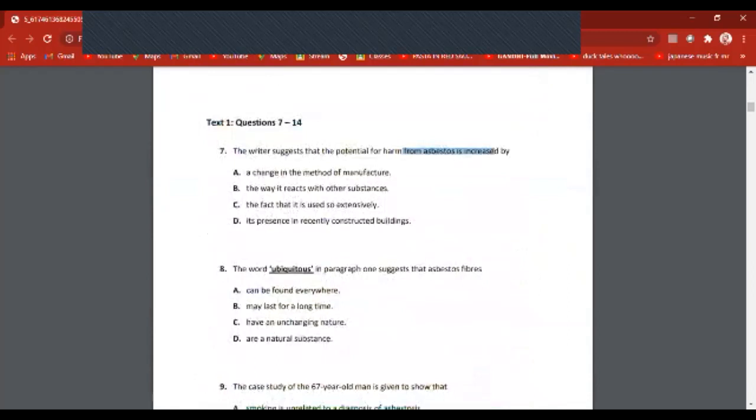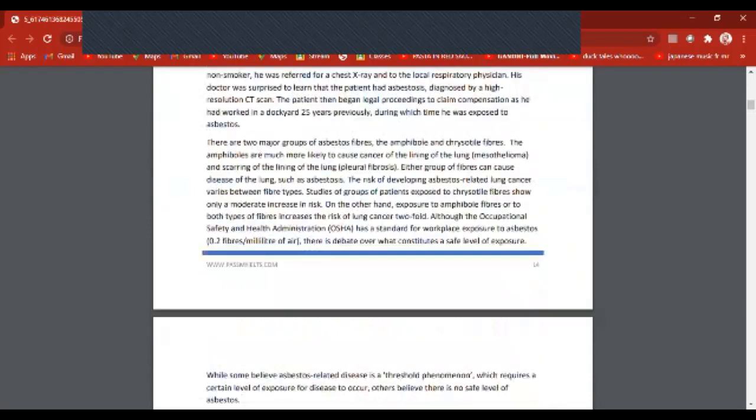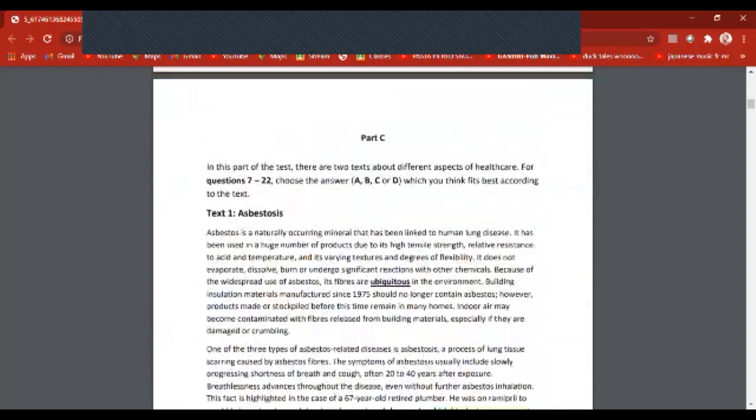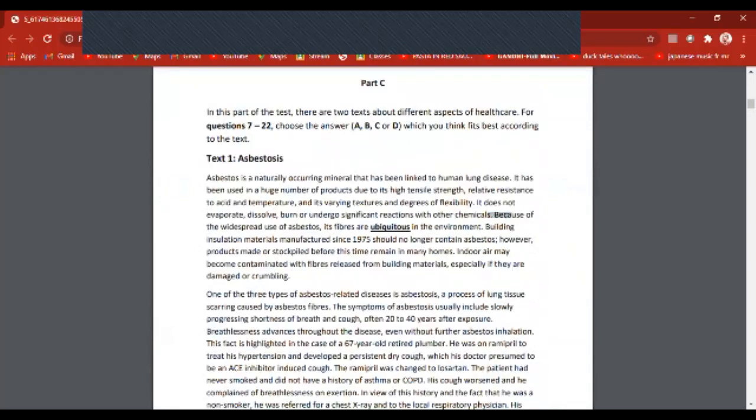What is the reason? The potential harm is increased by the fact that it is used too extensively. Why? Because here we can see the reason: because of widespread use of asbestos, its fibers are ubiquitous. This is number one. Another option says it has been used in a huge number of products, but that is not the answer, because it is talking about the qualities of asbestos.